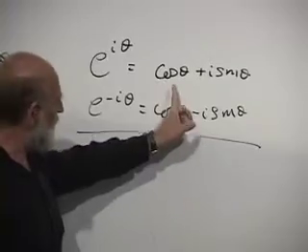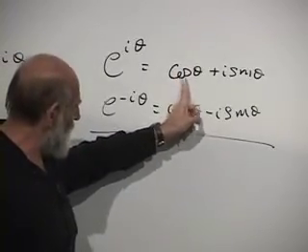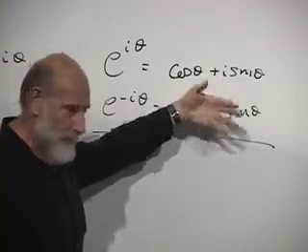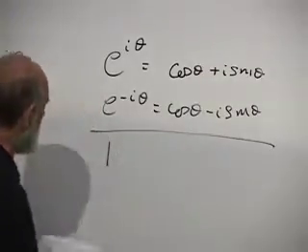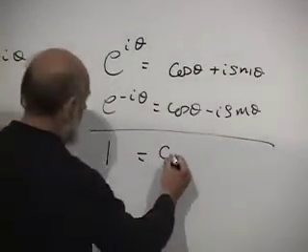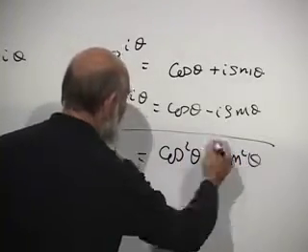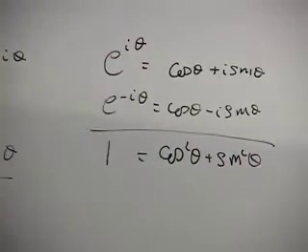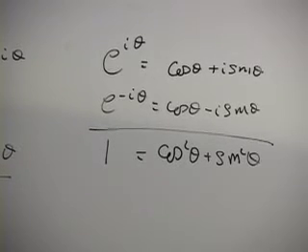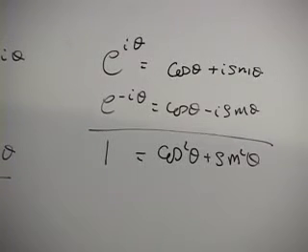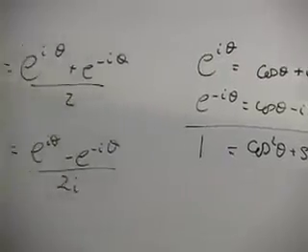Not minus sine squared, but plus sine squared. Cosine squared, and then minus i squared sine squared. That gives us cosine squared theta plus sine squared theta. So that's equivalent to the fact that e to the i theta times e to the minus i theta is 1.